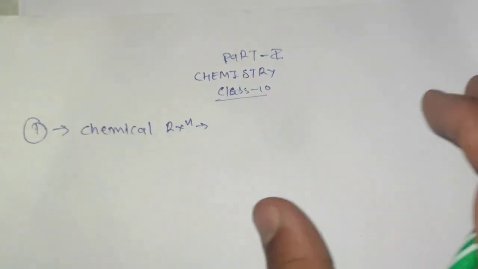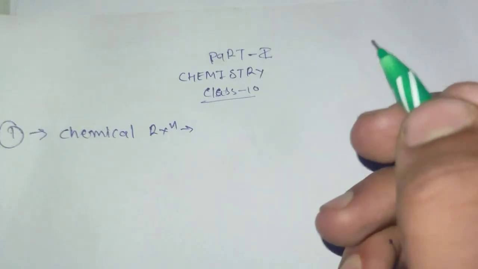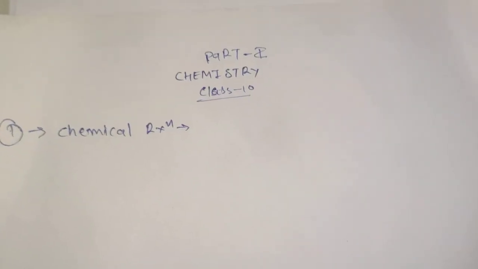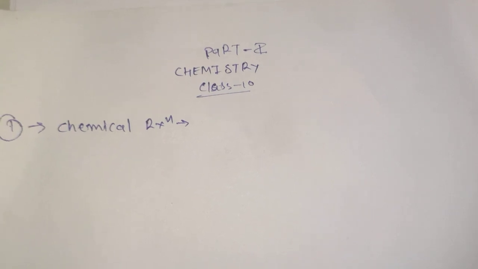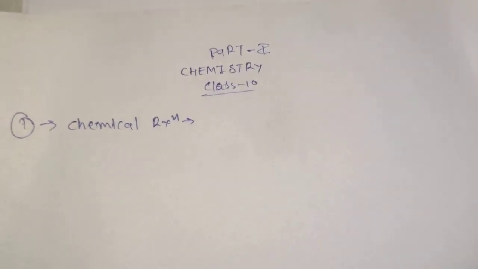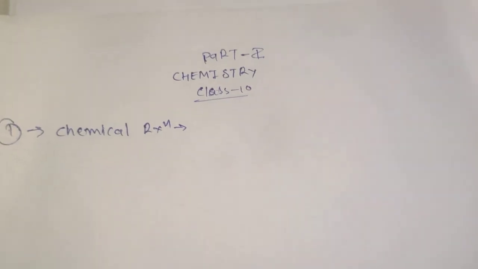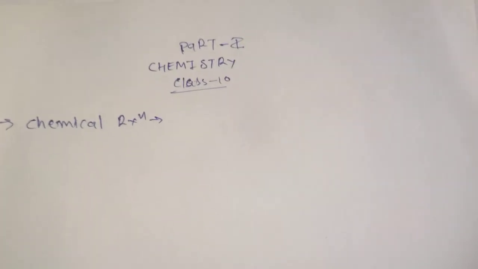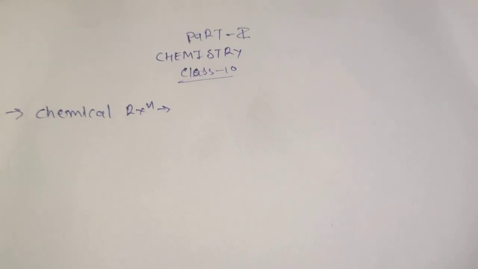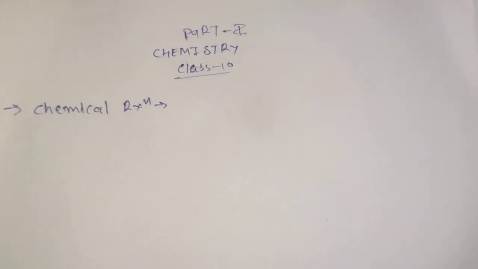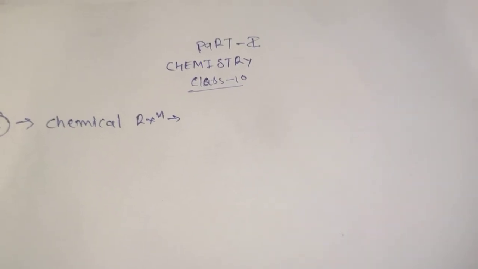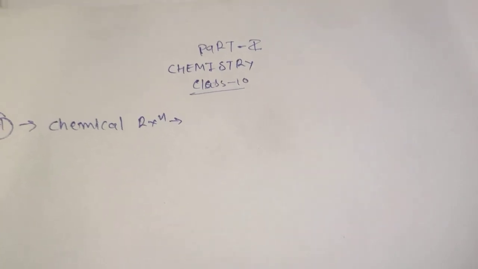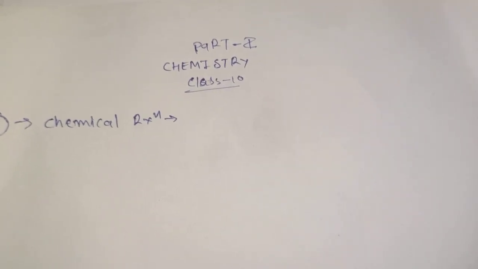Chemical reactions: whenever a substance is formed chemically, there is a change, like milk burning, where the state of the milk changes, or water being boiled. When water boils, we see changes in a chemical way.